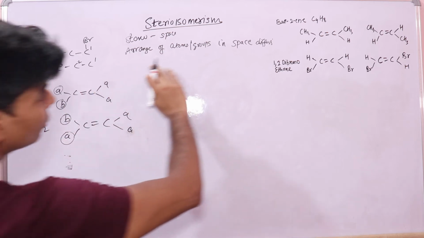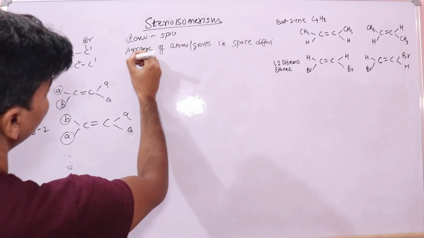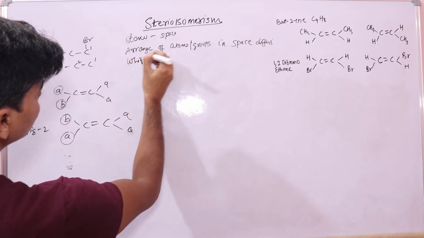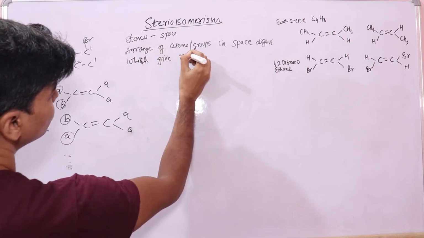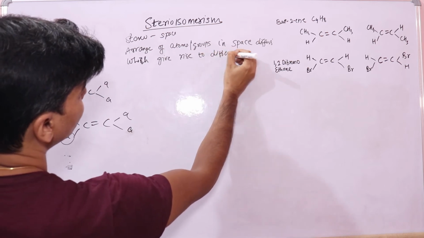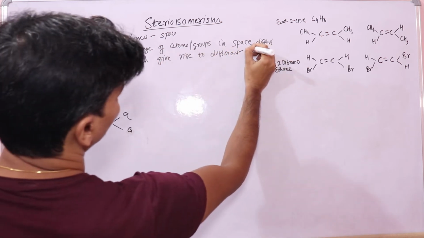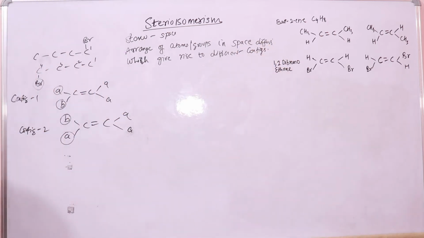So the arrangement of atoms or groups in space differs, which gives rise to different configurations. So this is your stereoisomerism.